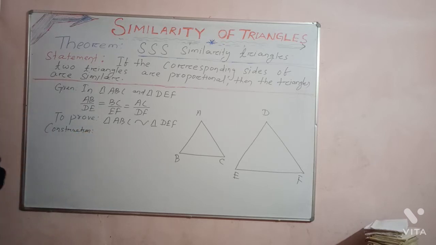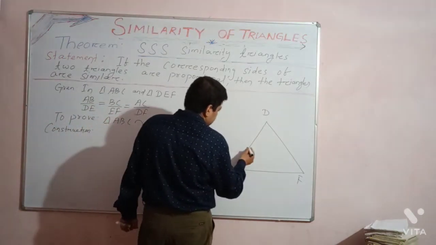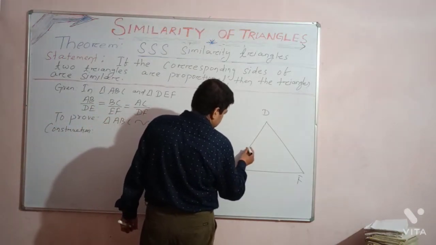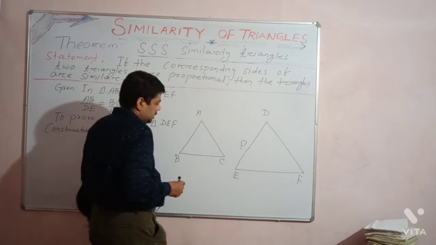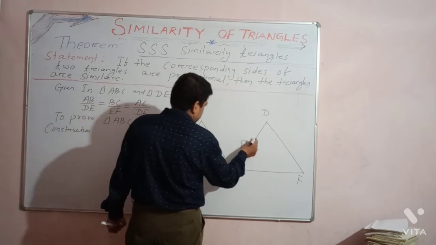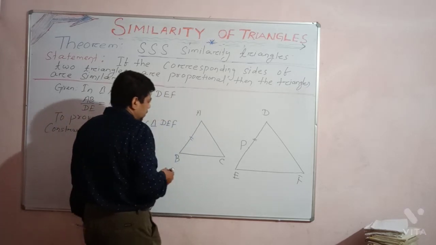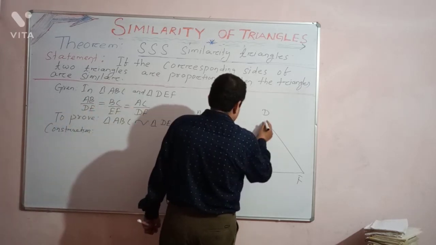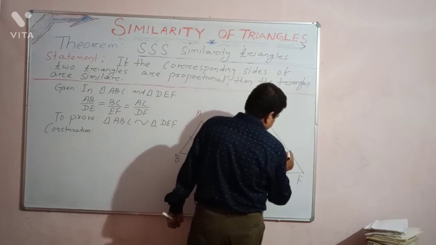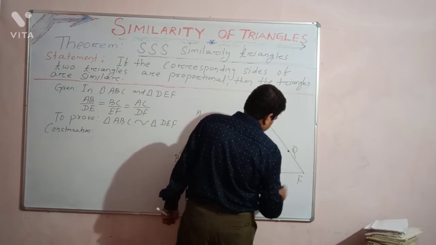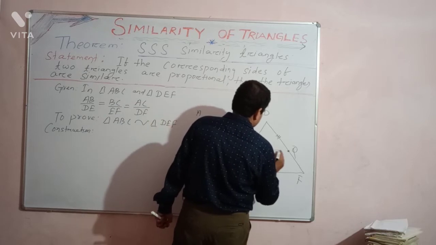Let P be a point on DE such that AB is equal to DP, and let Q be another point on DF such that DQ is equal to AC, and join PQ.